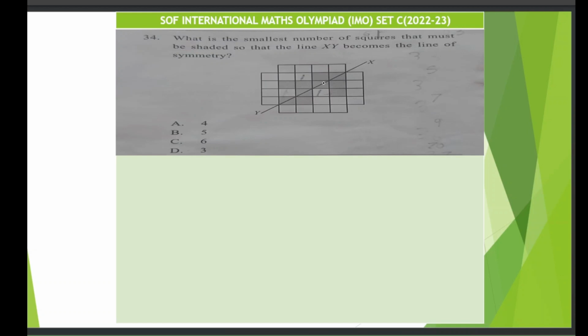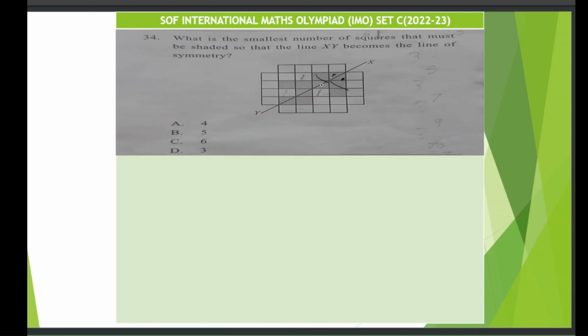Here only the shaded region is not making both the sides symmetrical. Otherwise, the figure itself is symmetrical. Figure on both sides is symmetrical. So let's check. See, if you check here, this square here. Similarly, on the other side, this is shaded, so it's okay.